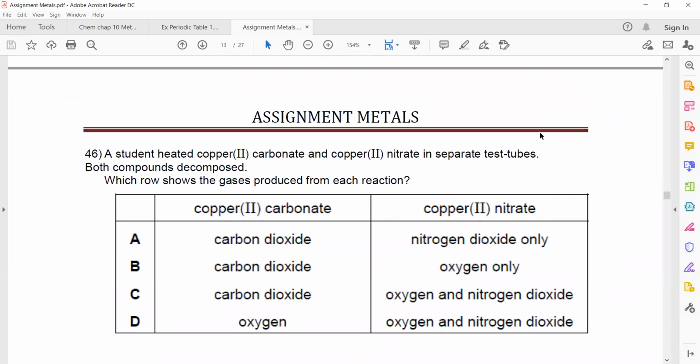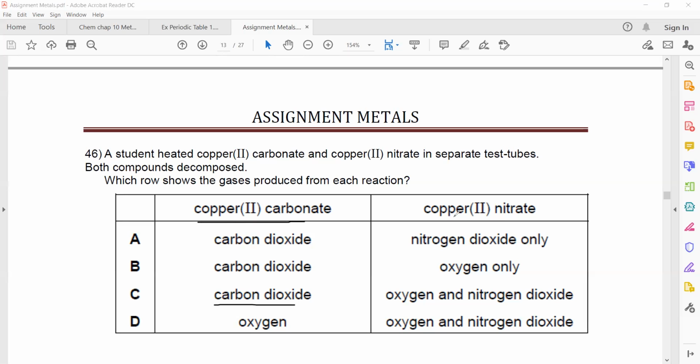Question 46. Only the gaseous product. Yes, C is the right answer because copper carbonate decomposes into copper oxide and carbon dioxide.